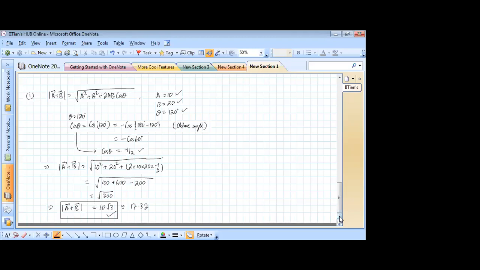Dushyant, your value of angle is correct. Yeah, Idanshu, this is vectors lecture number 3.